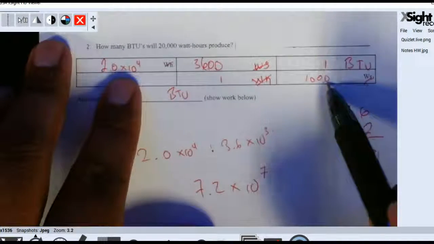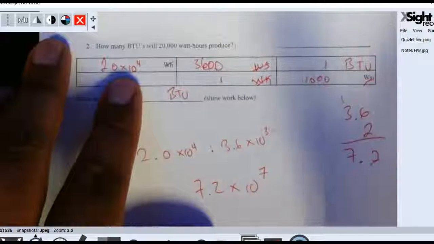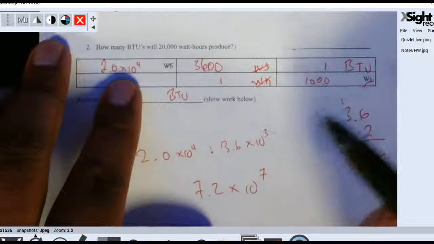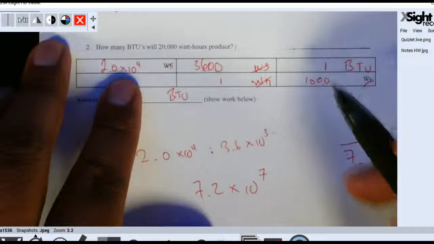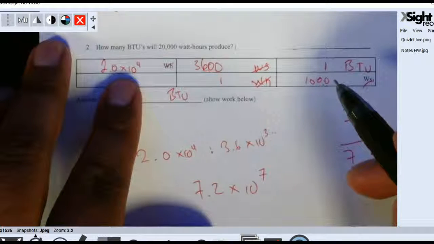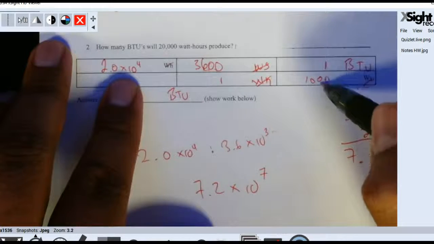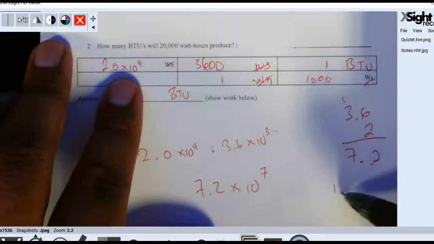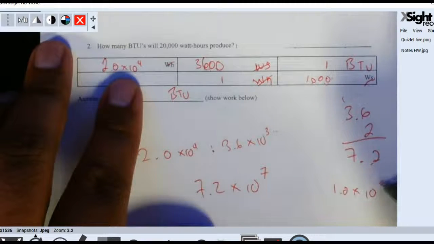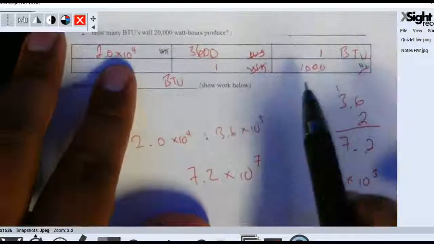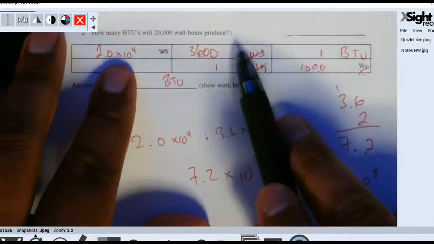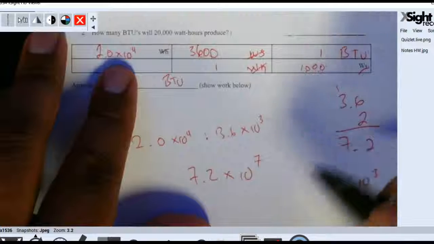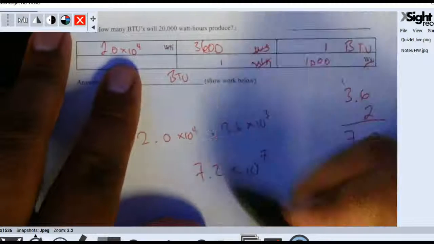Okay, but then I have this right here. Here's my 1,000. So I'm comfortable enough. I know that my 1,000 is just going to move my decimal around. But if you want to, you can still do this in scientific notation. Okay, so look, 1, 2, 3. So this is 1.0 times 10 to the 3rd. Now, because this is on the bottom, you're dividing exponents. So this becomes a subtraction problem. Okay.